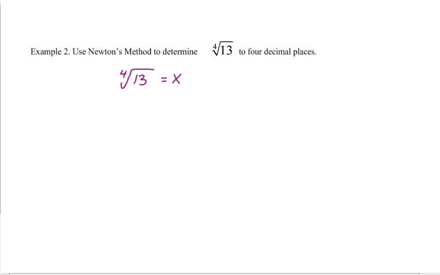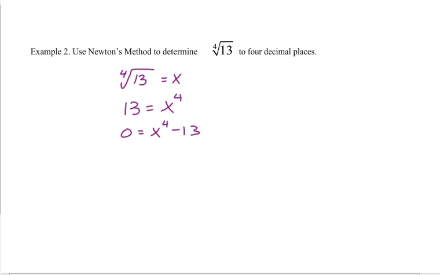First step is to do what to both sides? We want 0 equals. So raise both sides to the fourth, and then bring the 13 over. So we want to solve for when this is 0. That's going to be our function.